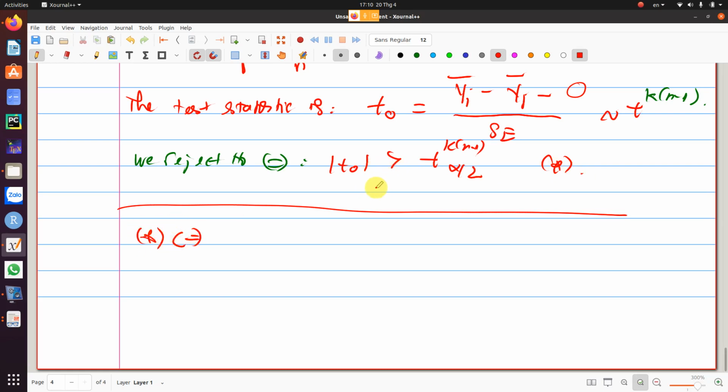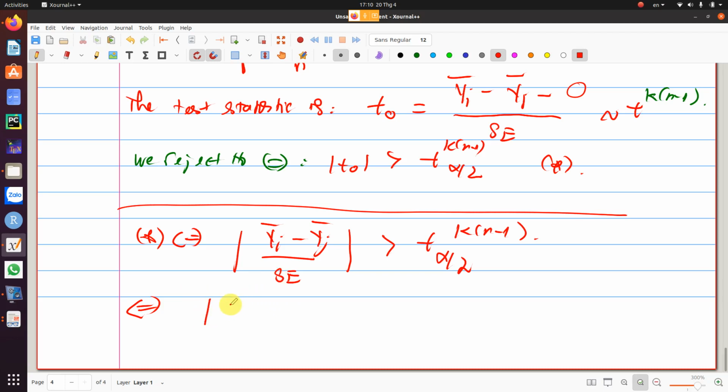In equation star, equivalently, because T0 equals the absolute value of yi bar minus yj bar over SE, greater than t alpha over 2 kn minus k. So equivalently, because SE is always greater than 0, I write the absolute value of yi bar minus yj bar greater than SE multiplied by t alpha over 2 kn minus k, where SE we already found.